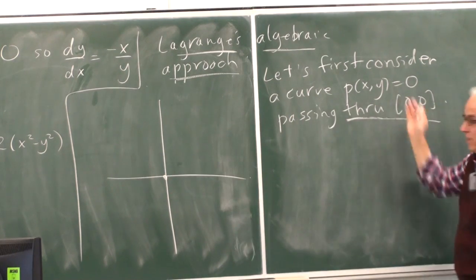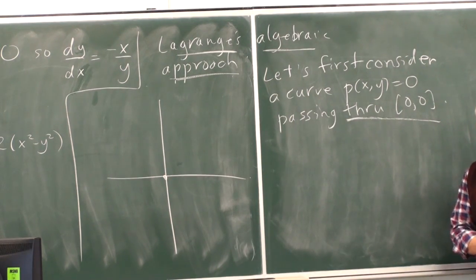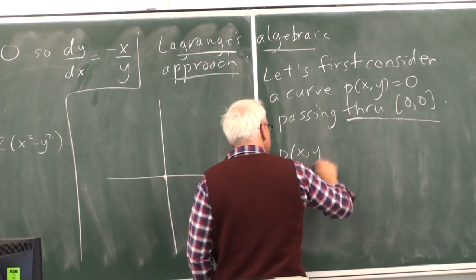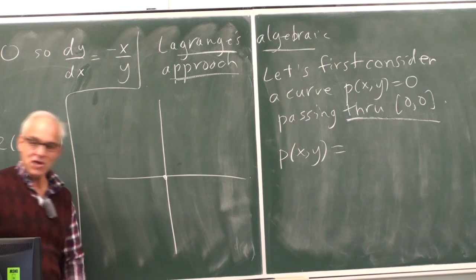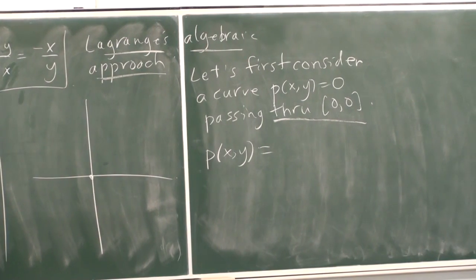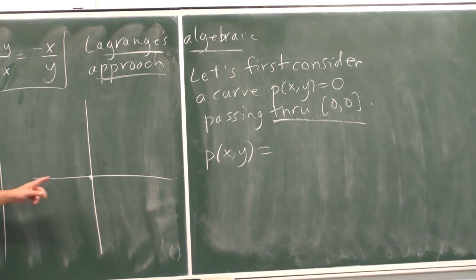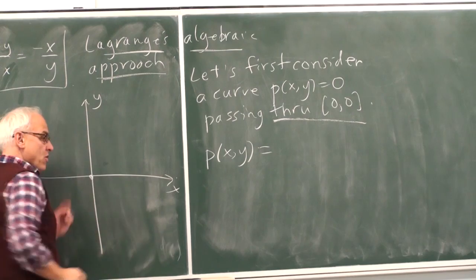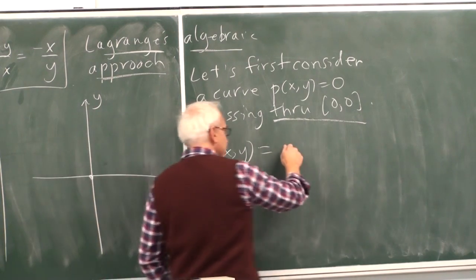So P is going to be for us a polynomial. So this polynomial is going to look like what? Well, if we start with the lowest degree terms, the constant term is going to have to be 0 because we're assuming that it goes through 0, 0. So there's no constant term, and then there's a linear term.